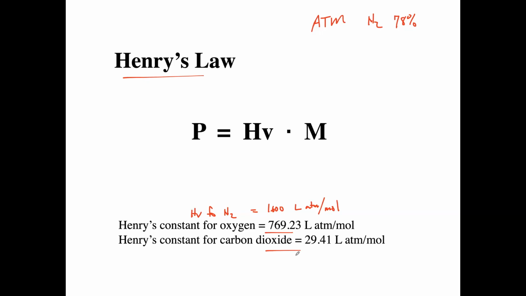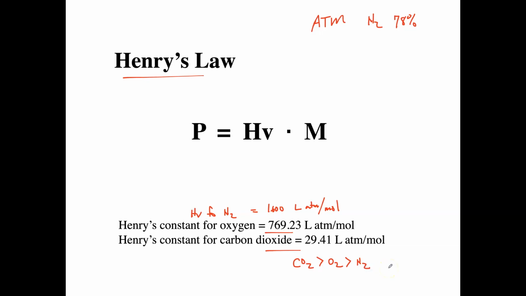What that means, if you do calculations using Henry's constants, is that carbon dioxide has the greatest solubility in water compared to oxygen, and both of those gases are greater in solubility than nitrogen.